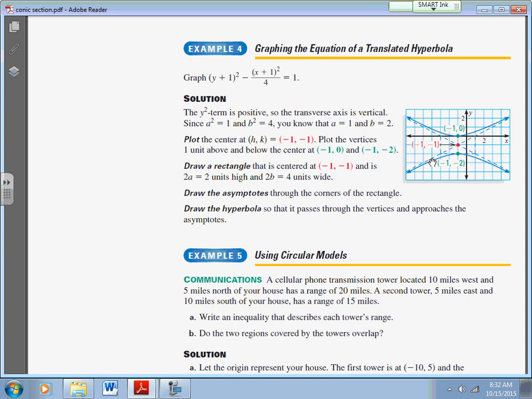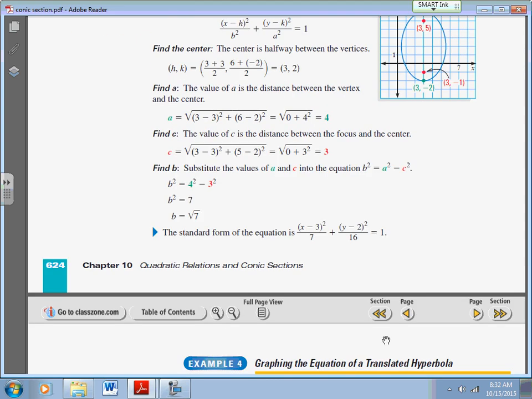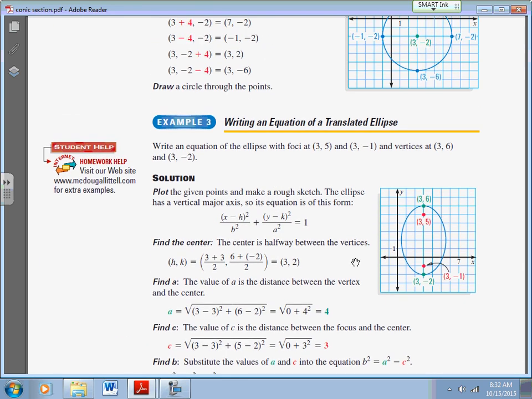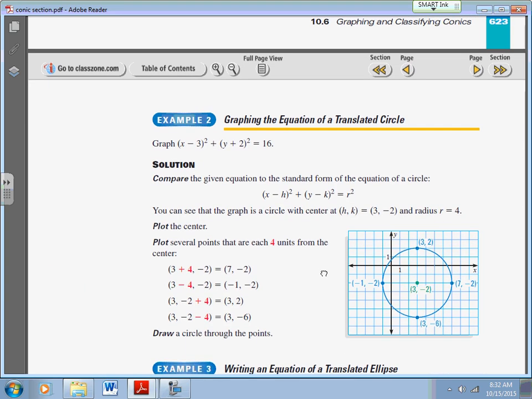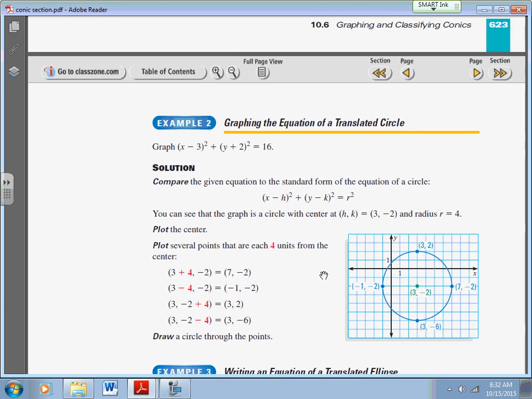Okay. If you look at the previous ones, in an ellipse, the x's and the y's are being added. But in an ellipse, there's a denominator, yeah? Okay. You notice in the circle, the x's and the y's are being added, but there's no denominators there. And these are some of the things that you guys got to be able to start identifying, okay?